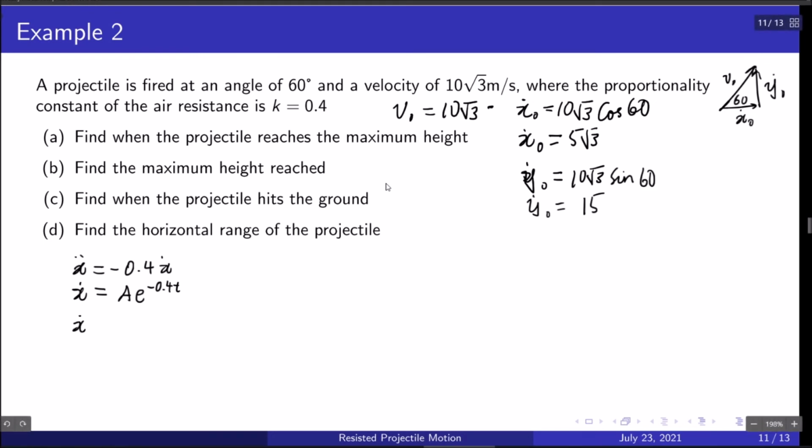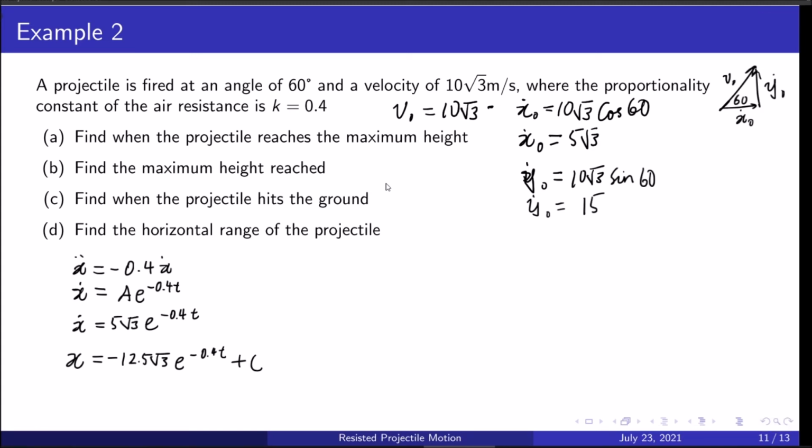So x dot equals 5 root 3 e^(−0.4t). Yeah, and then we integrate it again to find the displacement, which is 5 divided by 0.4, so it's negative 12.5 root 3 e^(−0.4t) plus c.